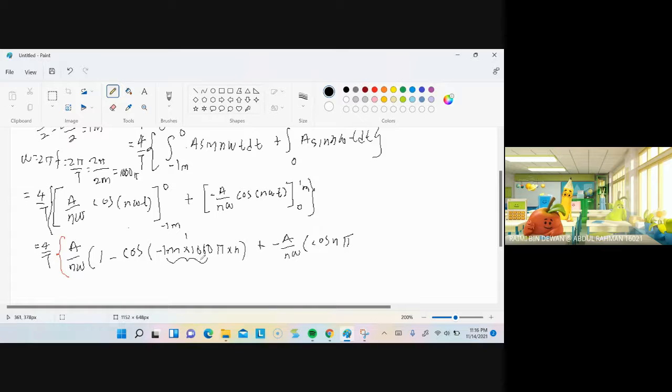And then 0, whatever minus 0, means you will have minus of 1, because cos 0 is 1. Then you close the integrations.